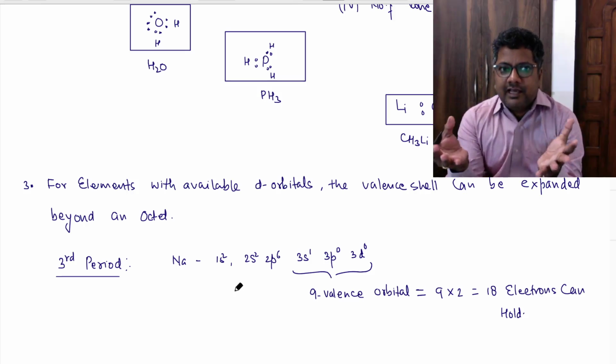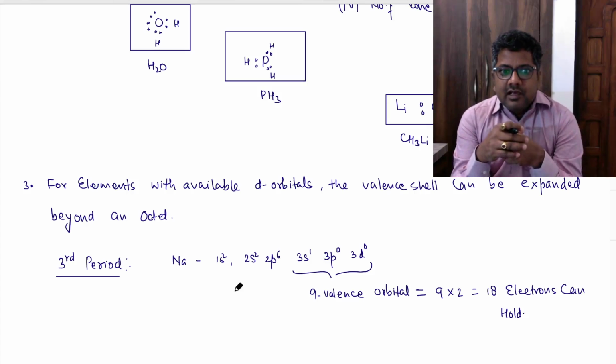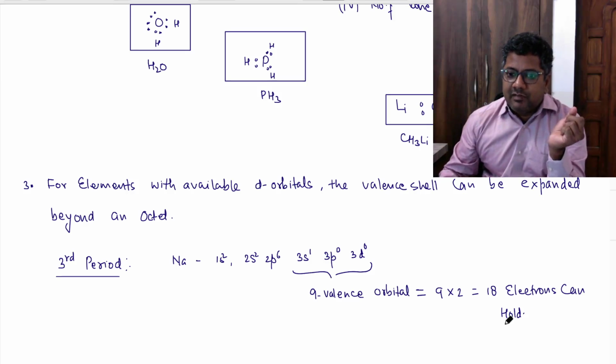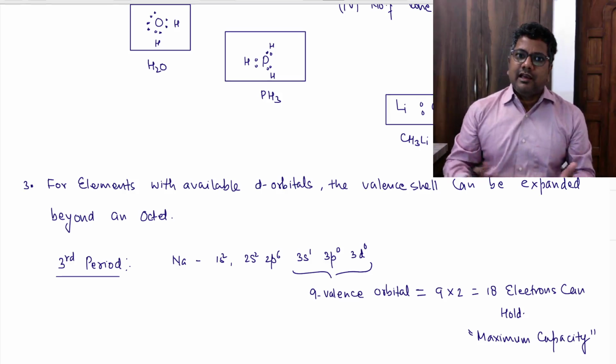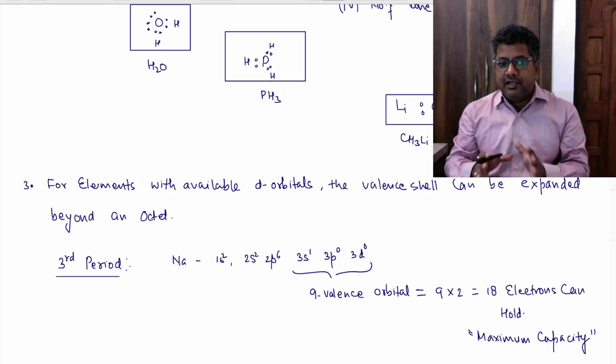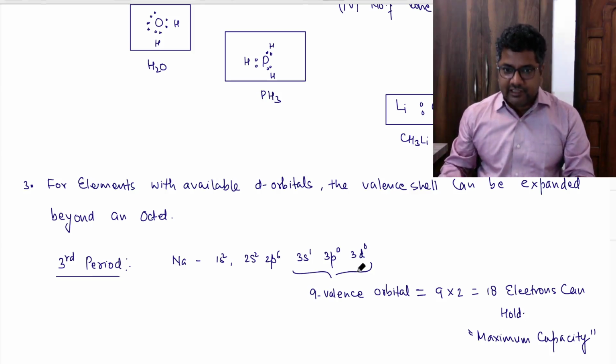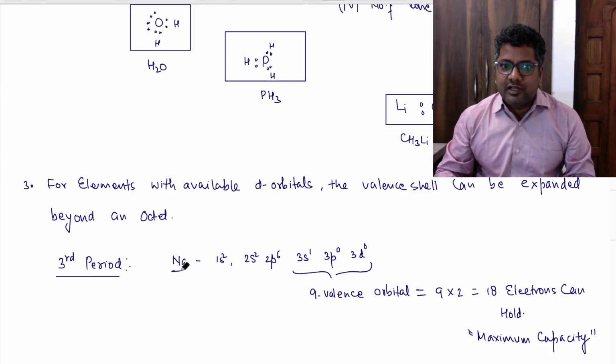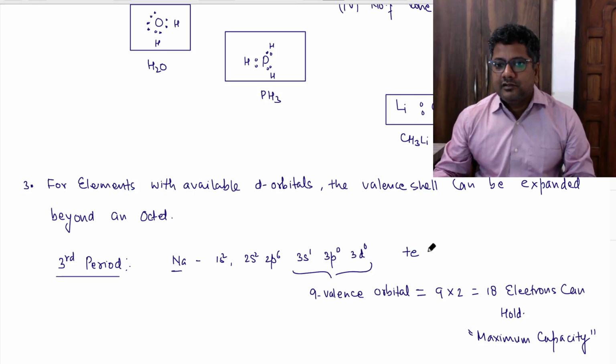We may or may not have compounds having 18 electrons in the valence shell, but this is the maximum capacity, right? Whether the molecule has it or not is a different issue, but from the availability point of view, they can have a maximum of 18 electrons in the valence shell, and this extends from sodium to chlorine.